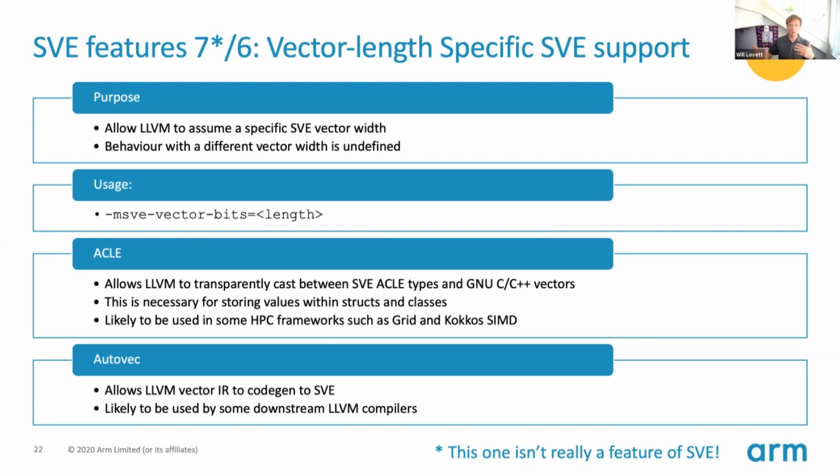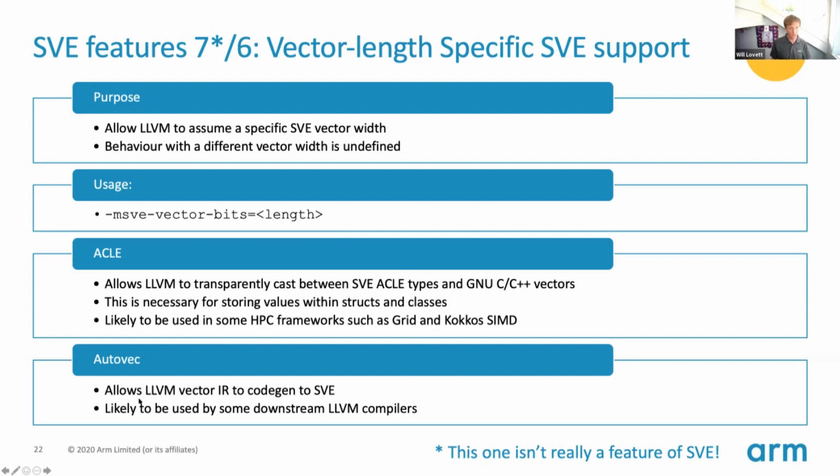And the compiler will transparently cast from that to the SVE ACLE type and back again. And so from the user and the code perspective, it just works. This is important for some people, especially some performance portability frameworks like Cocos and Grid and others who have intrinsic-based implementation of basic operations which need this property. So we're going to add it.